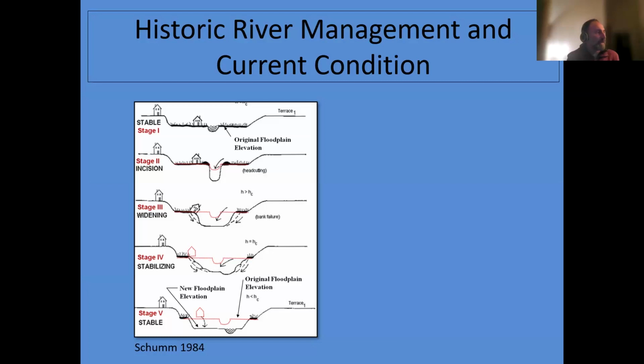In this example, a house gets built on the floodplain of a river that's in relatively good condition. It's a relatively small channel, well connected to the floodplain, meaning that any event larger than a 2-year flow event overtops the banks and spills out onto that floodplain, dissipating massive amounts of energy across that broad landscape.